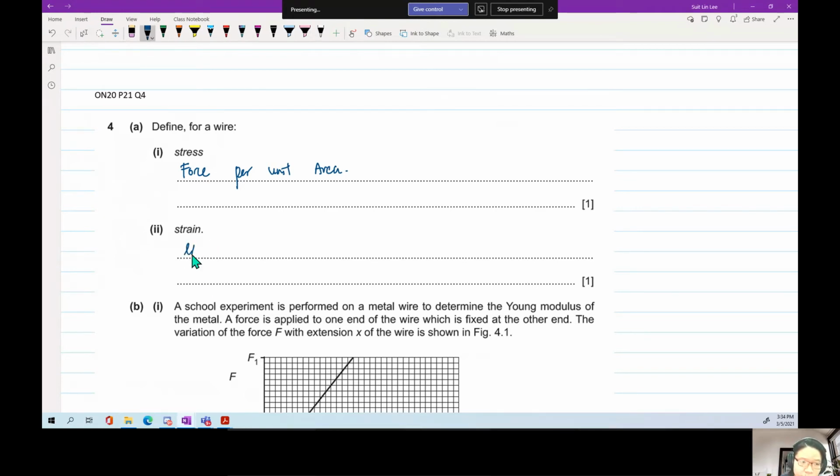This will be extension per unit original length. So please make sure you mention the term original length. Okay, moving on. Write equation for A as well. So you can write force divided by cross-sectional area, anything. You know what? I think this one I put cross-sectional area first in case they penalize me for this technicality.